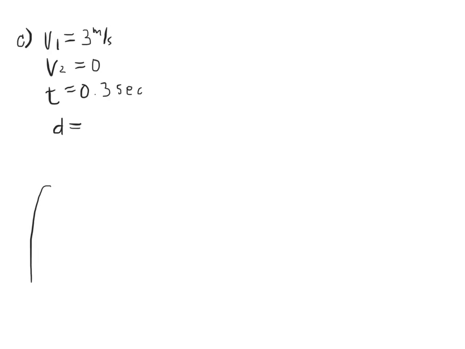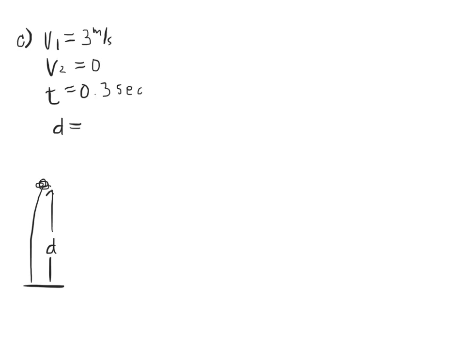In part C, I'm asked to calculate a distance. The information that I have is that v1 is 3 meters per second, v2 is 0, and we calculated that the time is 0.3 seconds. So I want to figure out distance. So I'm looking for this distance here, for the rock to get to the top.